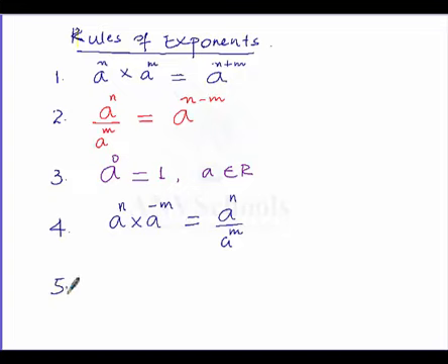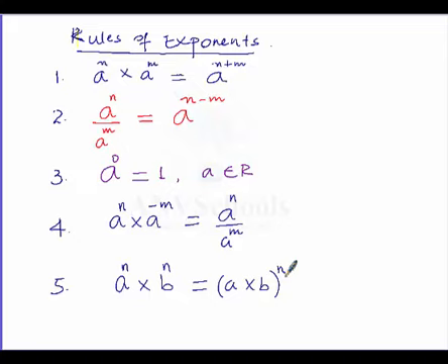The other one is, if you have a raised to n multiplied by b raised to n, I can write this as a times b in brackets raised to n. These are the common rules of exponents. I gave you these rules so that they will help you when you are calculating or converting one unit to another unit, or when you are expressing one physical quantity in terms of prefixes.